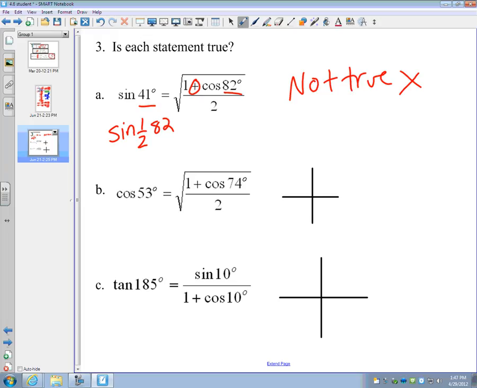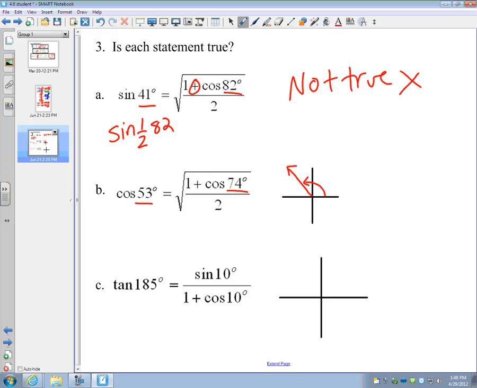Okay. Next one, cos of 53 and 74. Right away I see 53 and 74 don't have anything in common. They're not double. But wait, I feel like someone's trying to trick me. What is 53 times 2? 53 times 2 is 106. So let's look at where 106 is.